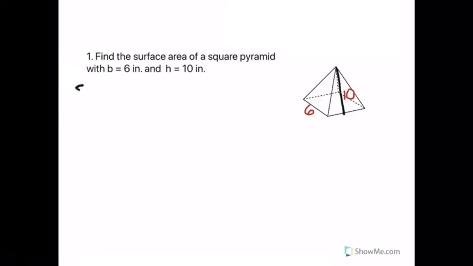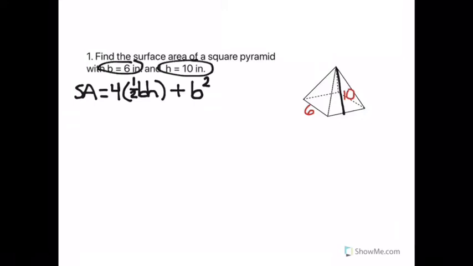So surface area SA equals 4 times parentheses 1/2 times base times height, close your parentheses, plus B, the base squared.